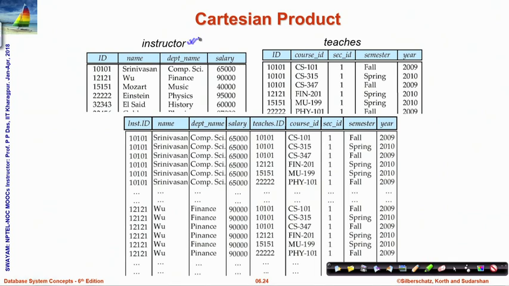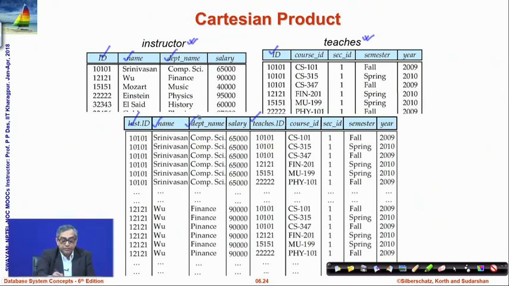Here is the instructor relation, the teaches relation, and as you can see, when we have done this Cartesian product, that is select star from instructor comma teaches, then all fields appear. This is the ID of the instructor, and there is an ID in teaches. So, that is also specified here, qualified by the name of the relation, whereas name comes in directly because there is no attribute called name in teaches.